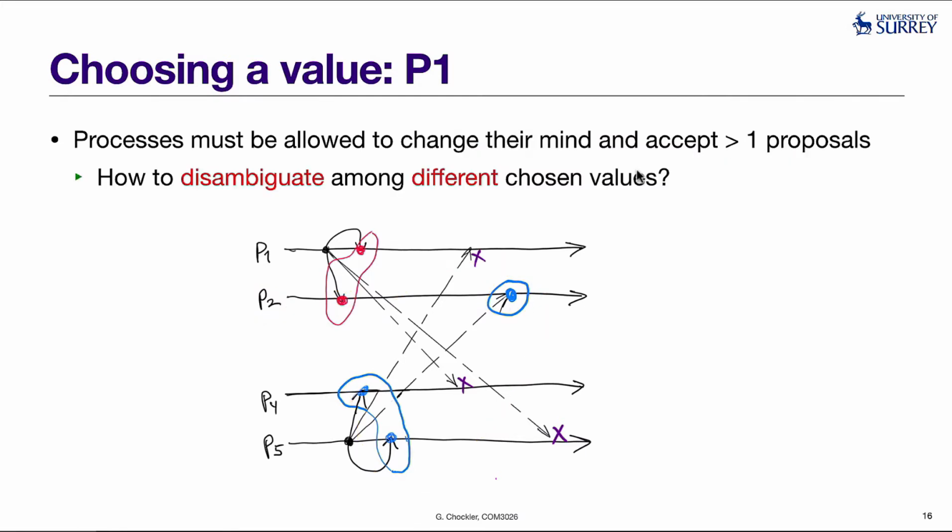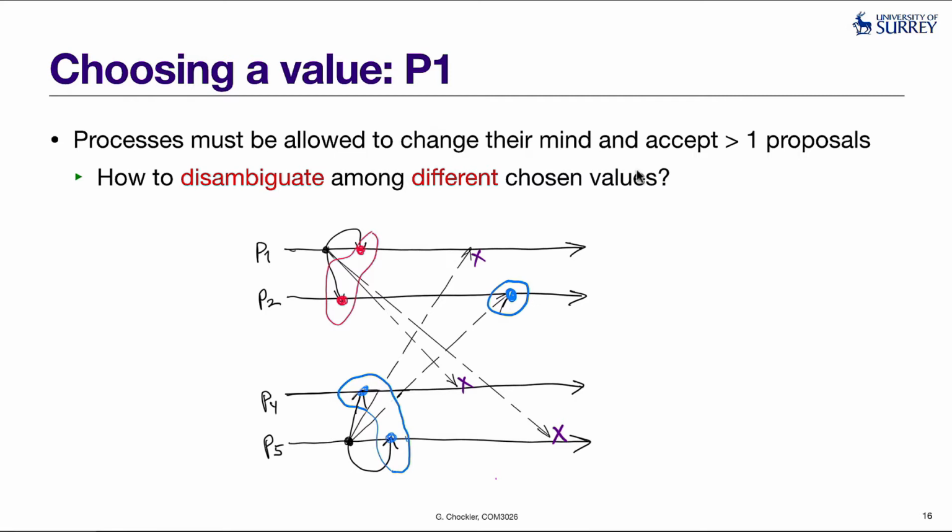But if processes are allowed to change their mind, we have another complication. Now we can have potentially multiple chosen values. And the question is how we can disambiguate between different chosen values, right? How can we distinguish between these values?